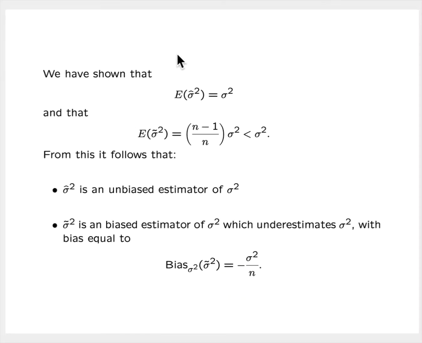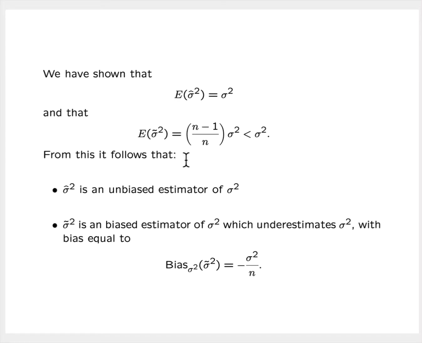And so we have shown in previous work up above that the expected value of sigma hat squared, the mean of the sampling distribution of sigma hat squared, is equal to sigma squared, and that the expected value of sigma tilde squared, in other words, the mean of the sampling distribution of sigma tilde squared, is n minus 1 over n times sigma squared, which is strictly less than sigma squared.